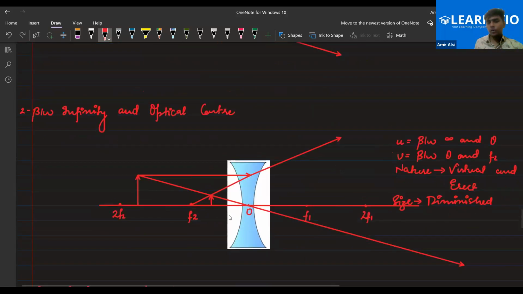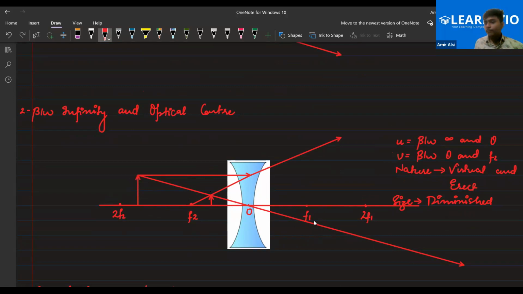Last case, between infinity and optical center, similar to the convex mirror, sorry, the object is placed between infinity and the optical center, the image formed would be diminished and between the primary focus and the optical center. The first ray would be parallel, it will diverge, but if I extend it in the backward direction, it is intersecting at the focus.